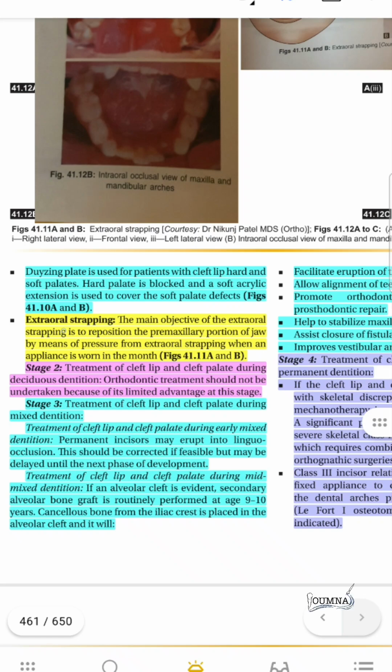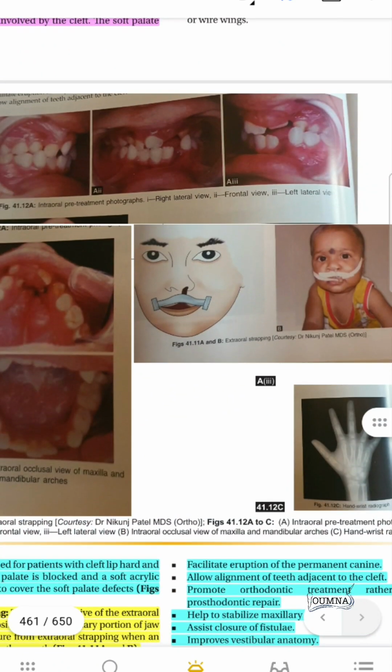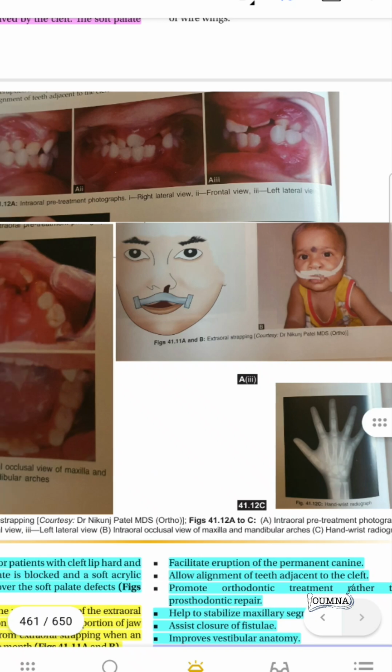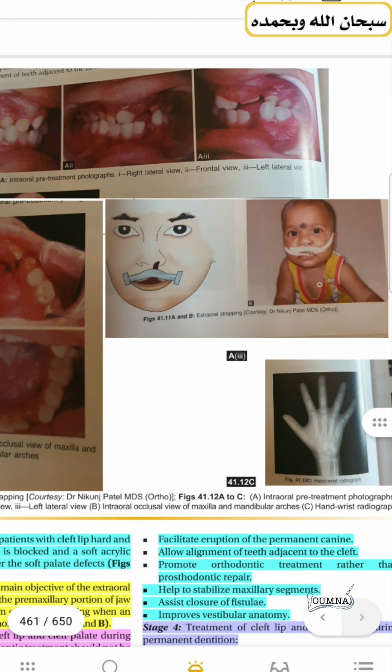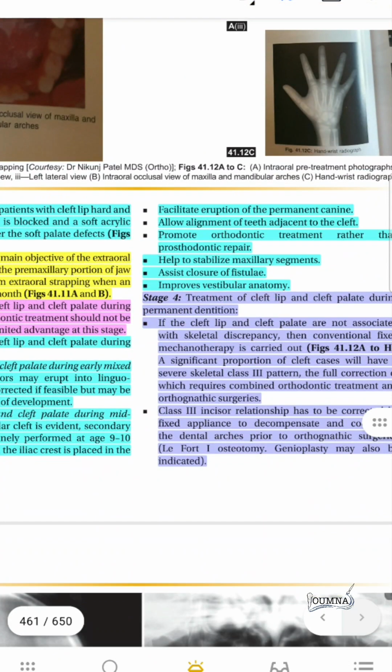Another approach is the extraoral strapping. This is it, and its main objective is to reposition the premaxilla of the jaw by applying pressure from the extraoral strapping when the appliance, the obturator, is worn inside the mouth.